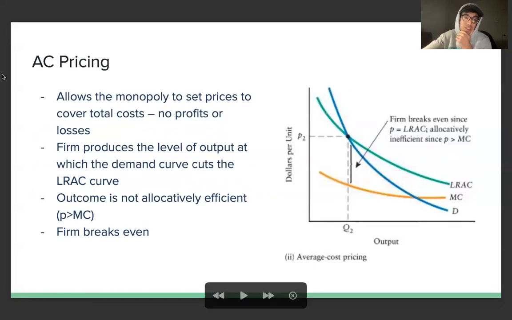Now let's look at average cost pricing. This allows the monopoly to set prices to cover total costs such that there are no profits or losses. So your price is equal to your average cost. In this case, the outcome would not be allocatively efficient because the price is greater than the marginal cost.